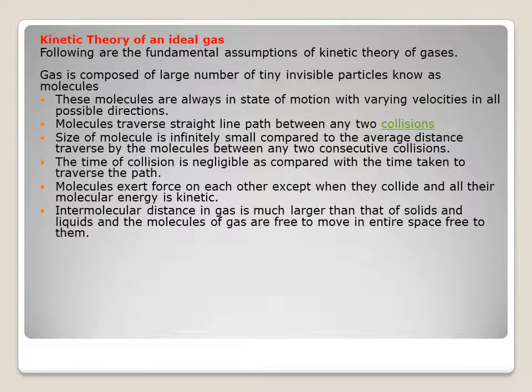Now starting with the kinetic theory of an ideal gas. Following are the fundamental assumptions of the kinetic theory of gases. Number 1. Gas is composed of a large number of tiny invisible particles known as molecules. Number 2. These molecules are always in a state of motion with varying velocities in all possible directions. Number 3. Molecules move in a straight line path between any two collisions. Number 4.